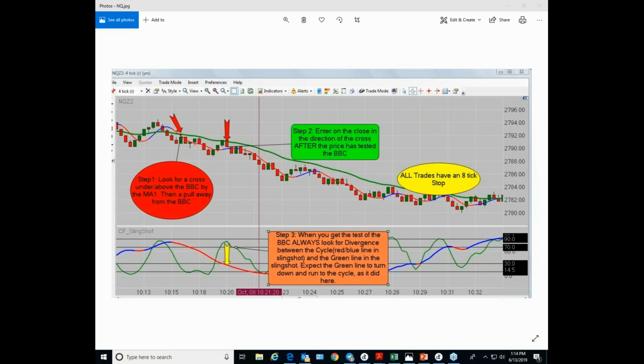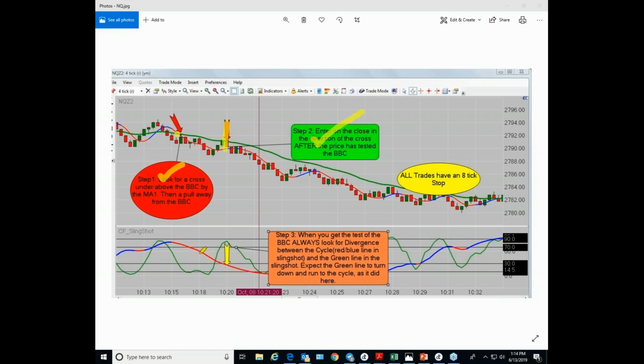So along with the entry, as we went through this thing, again, bearish cross, so we're thinking shorting opportunity, step number one. Normal for the market, what's supposed to happen after the cross, the market's supposed to gravitate toward the BBC, and we're looking for a close in the direction of the trend.